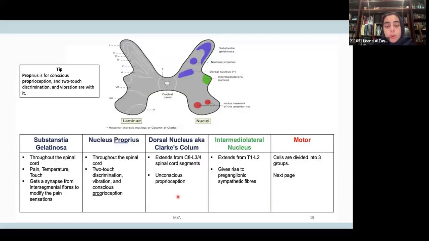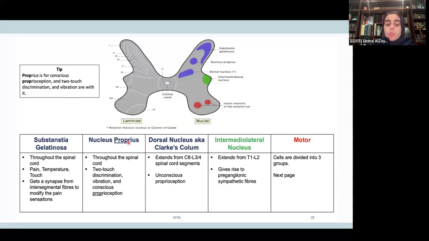Okay, so on the spinal cord, we have, as we said, gray matter. And the gray matter is cell bodies that connect the brain and the rest of the body. We have four nuclei that we really have to know, other than the motor ones. We need substantia gelatinosa. It is over here in the wings, and it's responsible for pain, temperature, and touch.